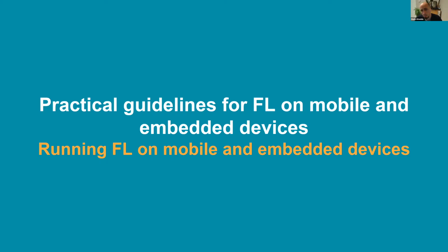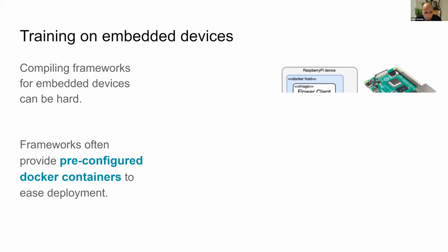So now let's look at a different scenario. We're moving out from the simulation, and we're going to look more into federated learning on mobile and embedded devices. First, we'll focus on how to run on mobile and embedded devices.